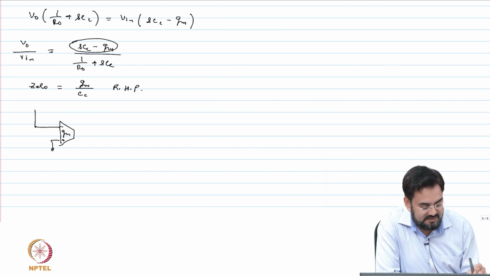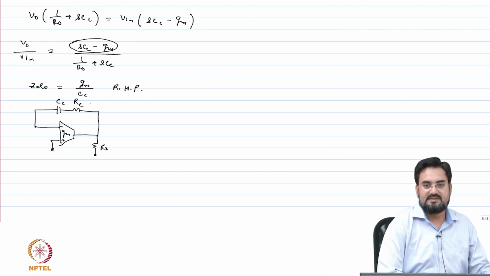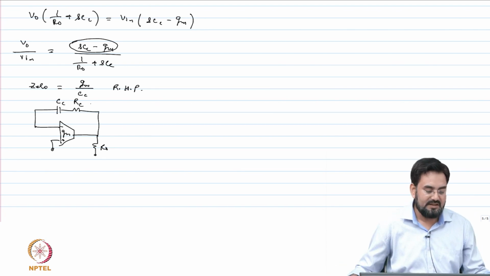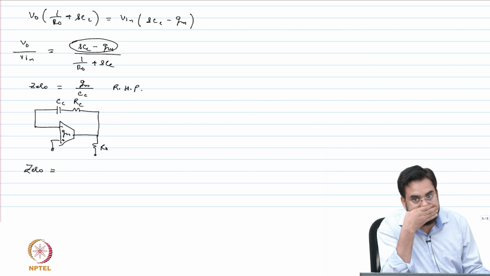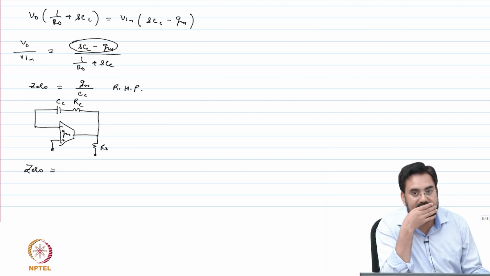And now if I do this, and you can do this at your end later. If I put a series resistor RC, then what will be the 0 location? Can anybody tell?